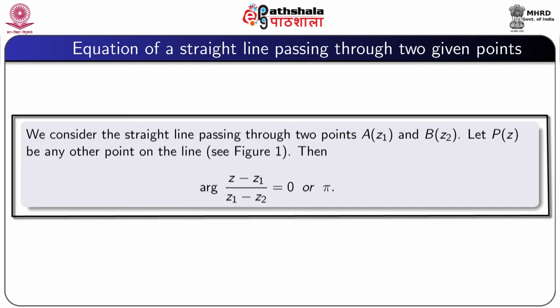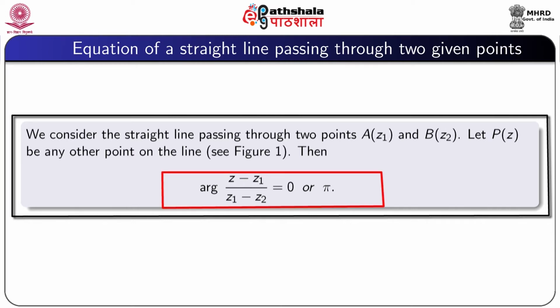Now, we will find out an equation of a straight line which passes through two given points. We consider the straight line passing through 2 points A and B having coordinate z1 and z2 respectively. Let P, whose coordinate is z, be any other point on the line.